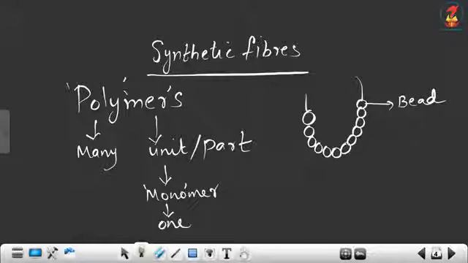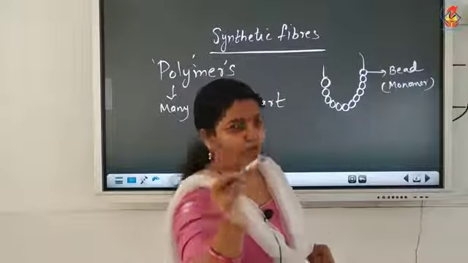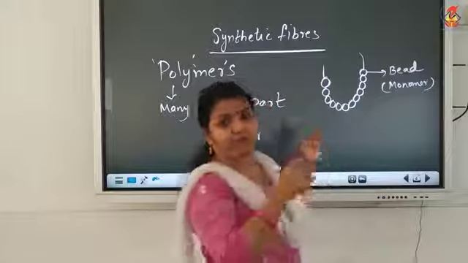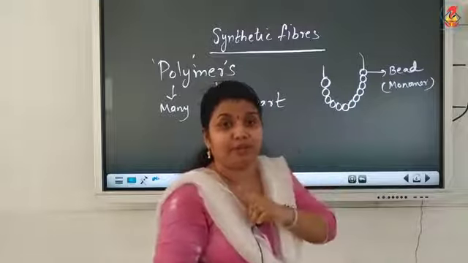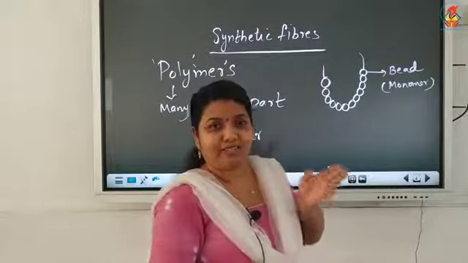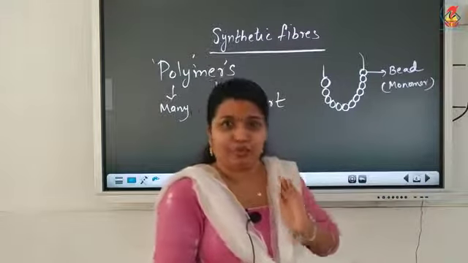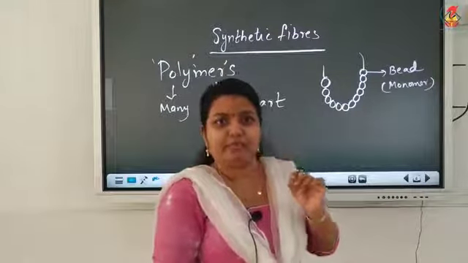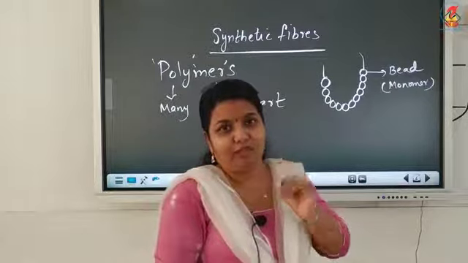Now each bead represents the monomer, isn't it? Each individual bead is similar to a monomer and the necklace as a whole is equivalent to polymer. So you can consider the beaded necklace as a polymer where each individual bead is similar to the monomer.